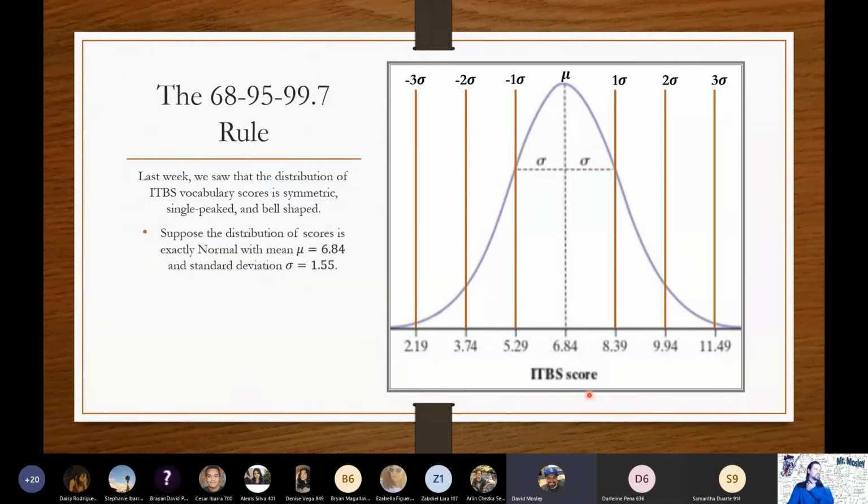We're going to suppose the distribution of scores is exactly normal with a mean mu equals 6.84. That's our middle value. And standard deviation sigma equals 1.55. So from here to here, the distance of sigma is 1.55.